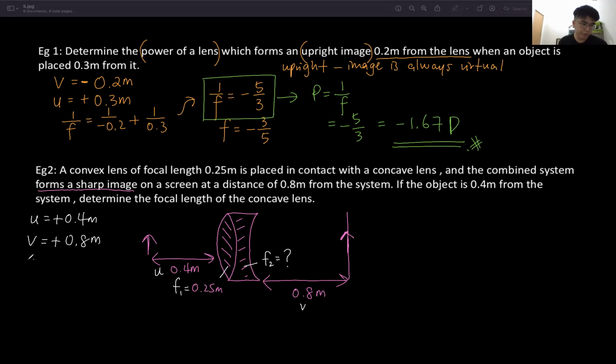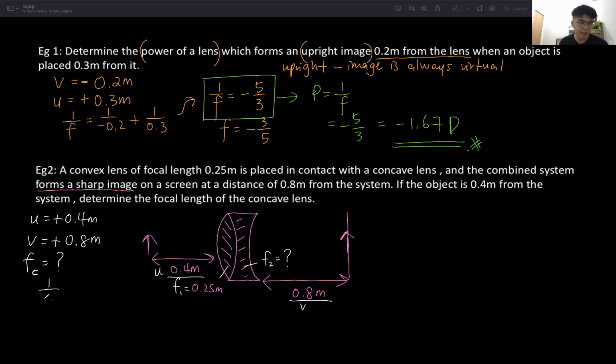Right, so what F is this? This is the F of the system, because light rays are passing through these two lenses together and form the image at 0.8, and the object distance is 0.4. So you put all this information in, and you find the F, which is actually the combined focal length.